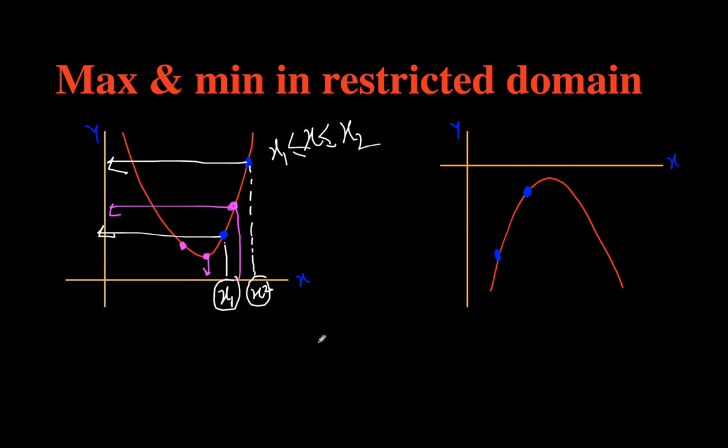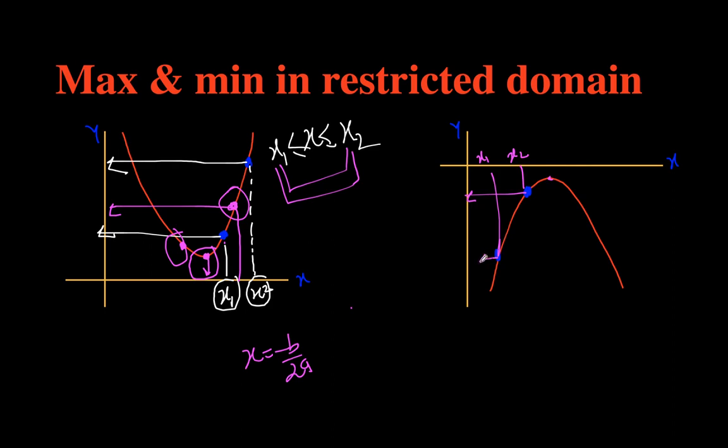So what we conclude from here: if the vertex x equal to minus b upon 2a is in between this range, in this domain, then you have to find which one is giving you the maximum or minimum. Same here, this is your x2, this is your x1, the vertex is not giving you anything, so your maximum value is this and your minimum value is this one.